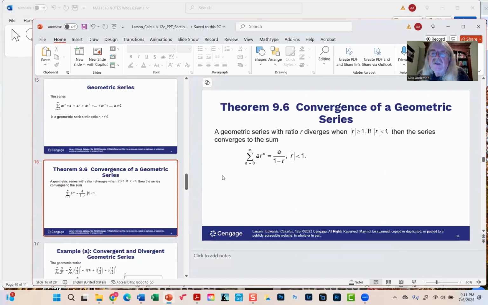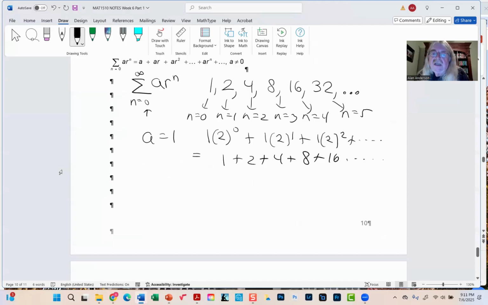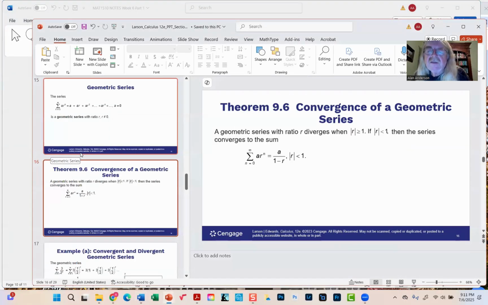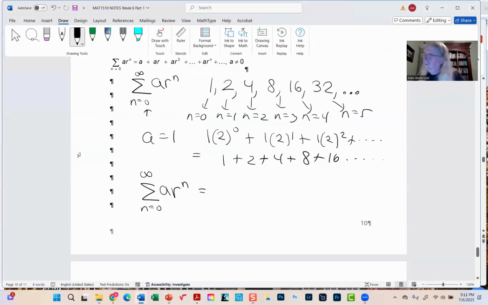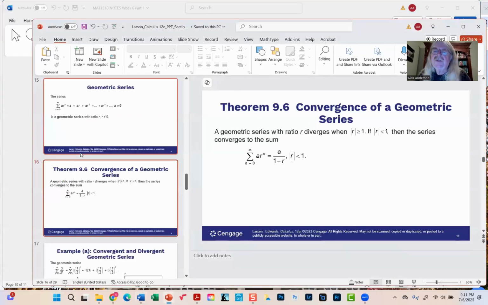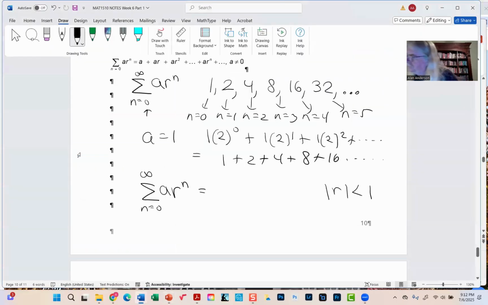Now, this is a particularly interesting one. It turns out that if the absolute value of r is less than one, this whole infinite sum is going to reduce to a over 1 minus r.